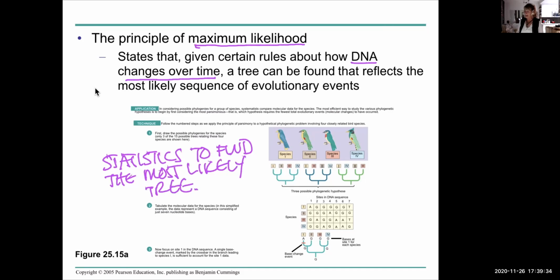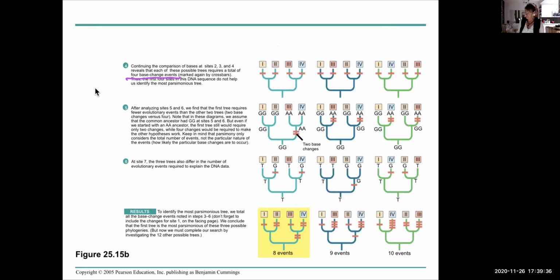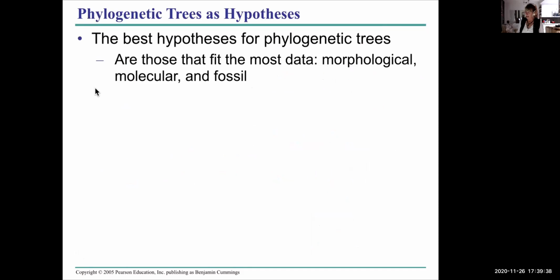So it's important to remember that, see, it gets really complicated, that the best hypotheses for a phylogenetic tree, and this is like the crux of the whole thing, is the hypotheses that fit the most data. And we don't have all the data for everything, of course not, but you can look at different data and put them together.